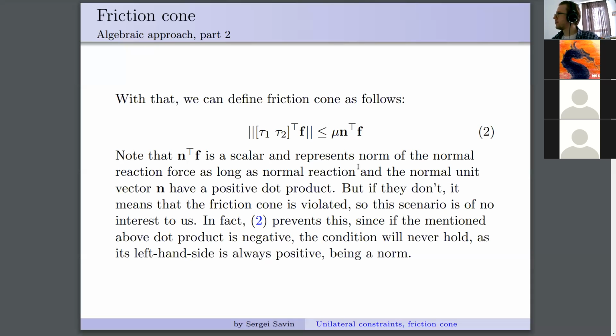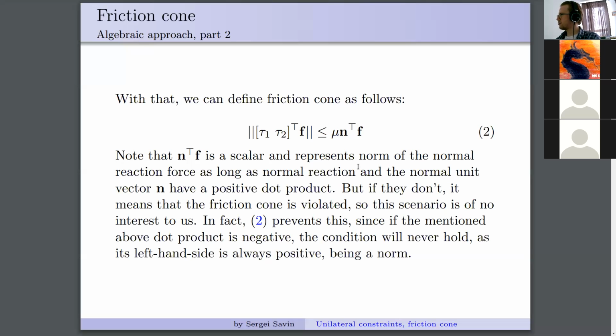If your normal vector defines the half space, they will point into different half spaces. So that will be negative. Good.